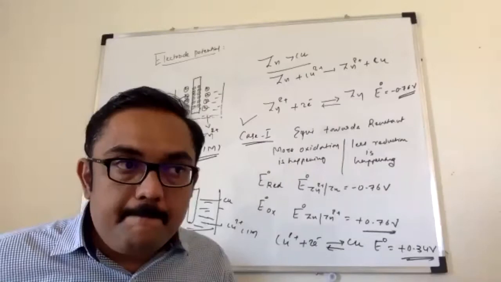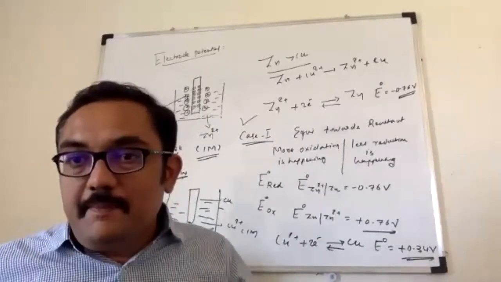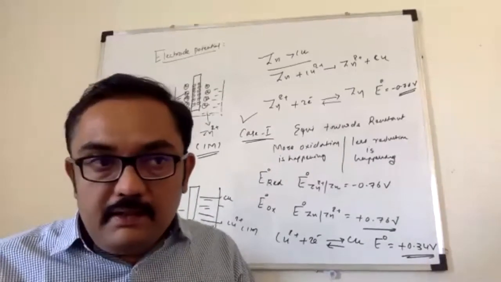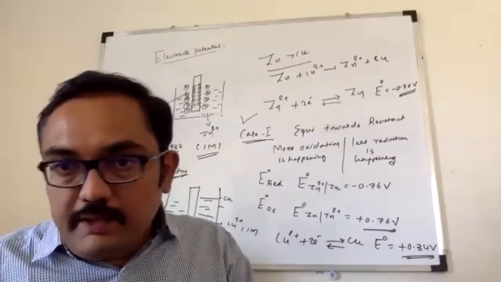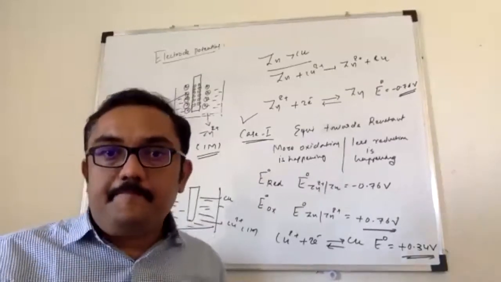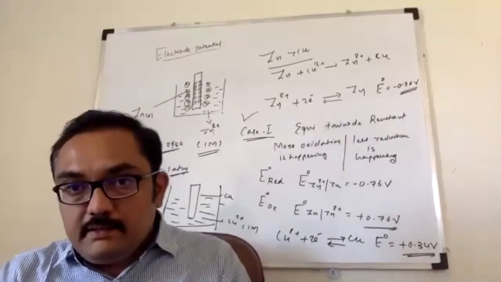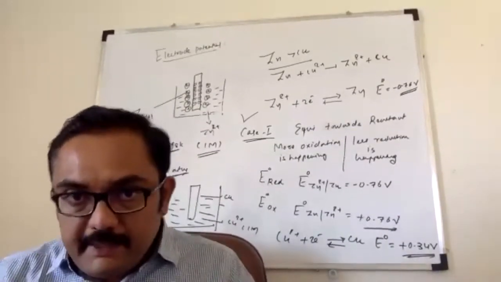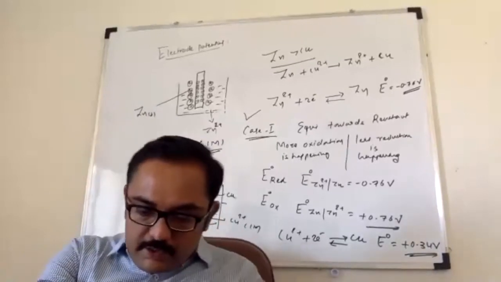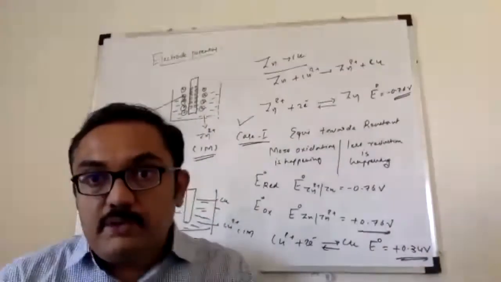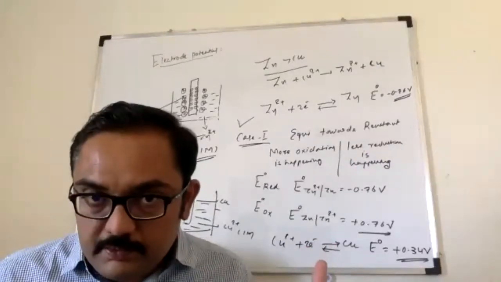A half cell in which active metal is in contact with the metal ion. Understood? So, are you clear about the half cell I have drawn on the board?